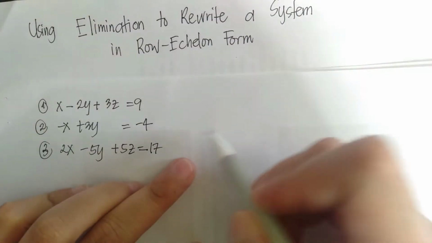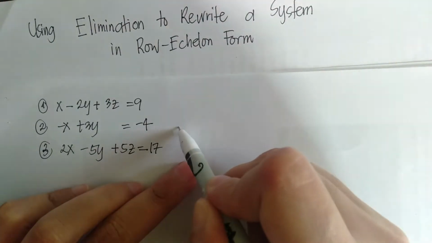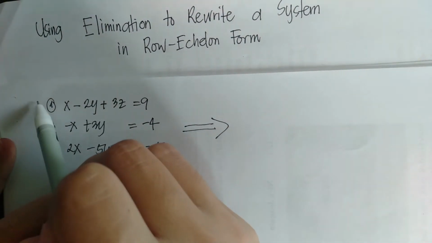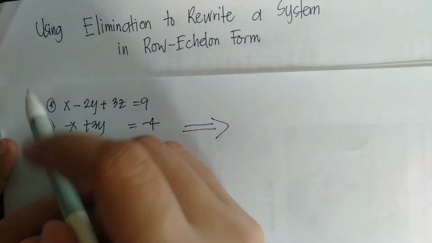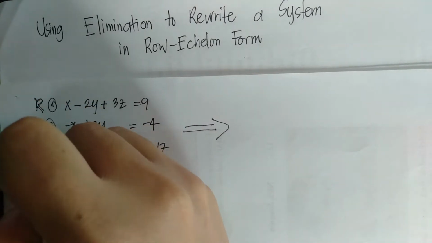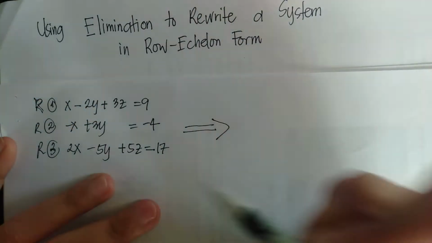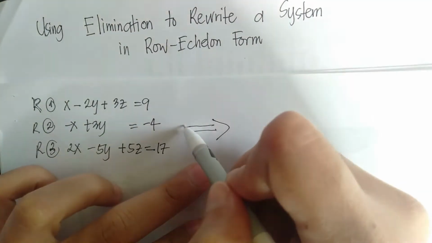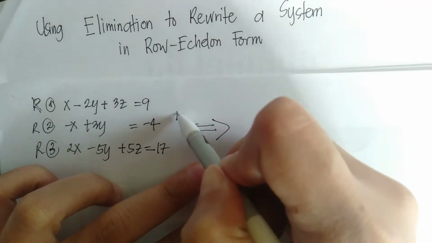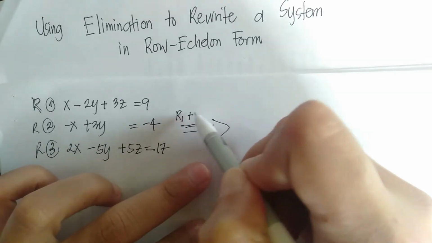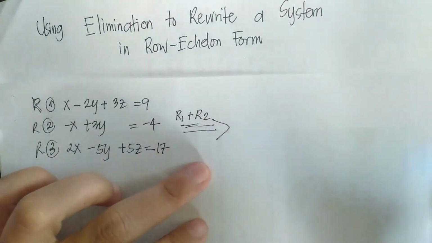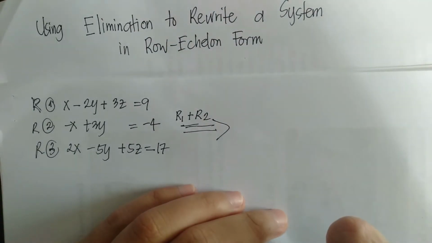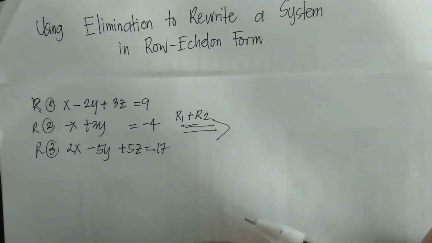So for this transformation, let's call these R1, R2, and R3. What we did is add R1 plus R2 to create the new second equation.